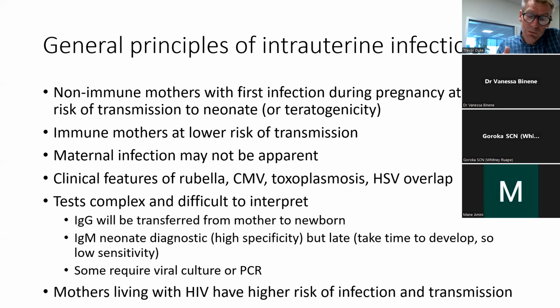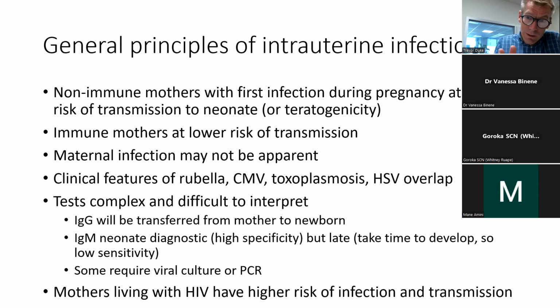So non-immune mothers with their first infections during pregnancy, whether it's from rubella or cytomegalovirus or varicella, one of the herpes viruses that I didn't mention specifically, but any of these teratogenic viruses, it's much worse if the mother is non-immune and has her first infection during pregnancy.